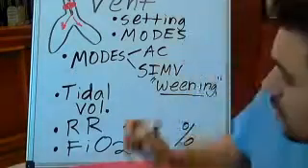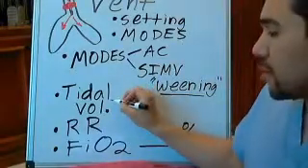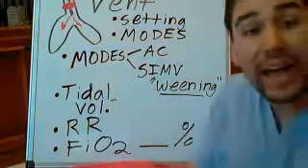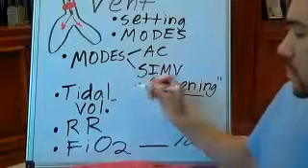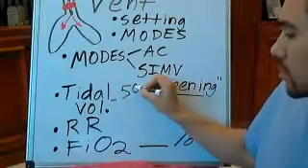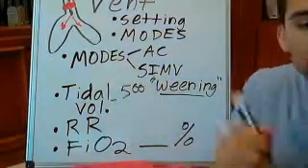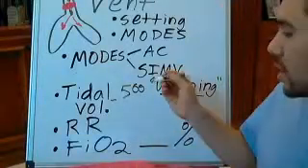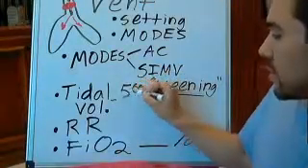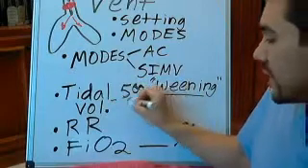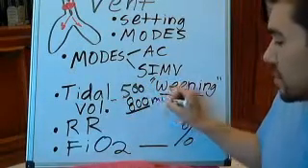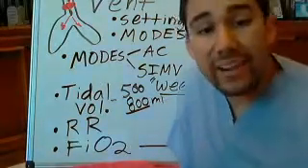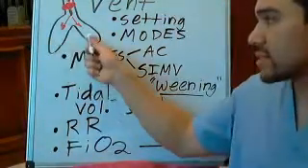So your patient will probably be on between, let's say, 500 to 800 milliliters of air down into the respiratory tracts.